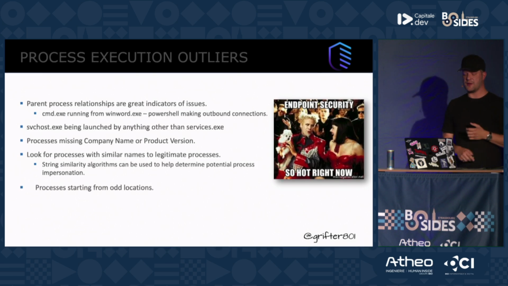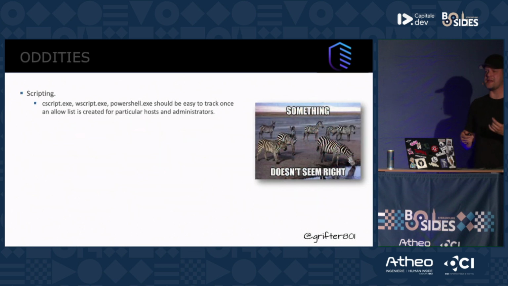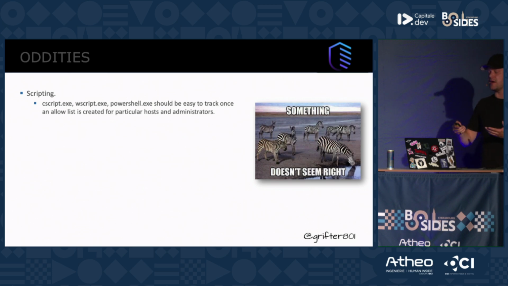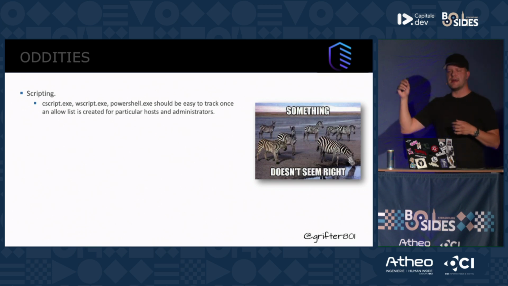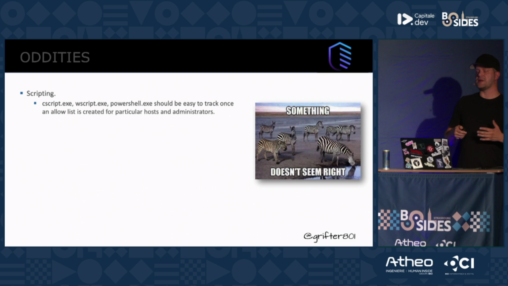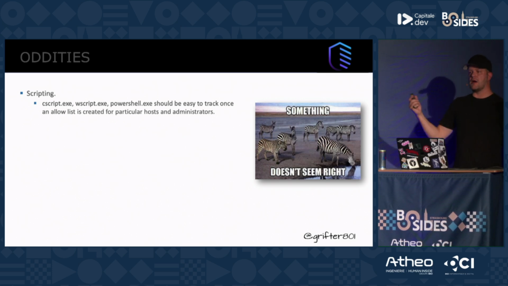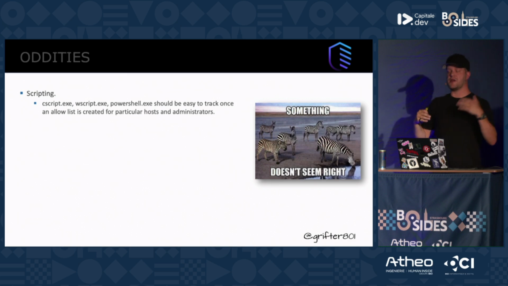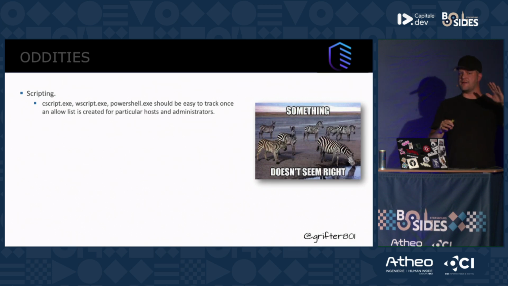Processes starting in odd locations. Scripting, this is another one that in the beginning, it's going to take a little bit of legwork to be like, okay, who's running WScript, or who's using PowerShell? And as you're figuring that out for the environment and you're adding people to an allow list, you can say, all right, well, I know that this guy uses scripting, this guy uses PowerShell for this, but if suddenly Kevin in accounting, who's never done any kind of scripting before, starts using PowerShell, what the hell is Kevin doing, right?